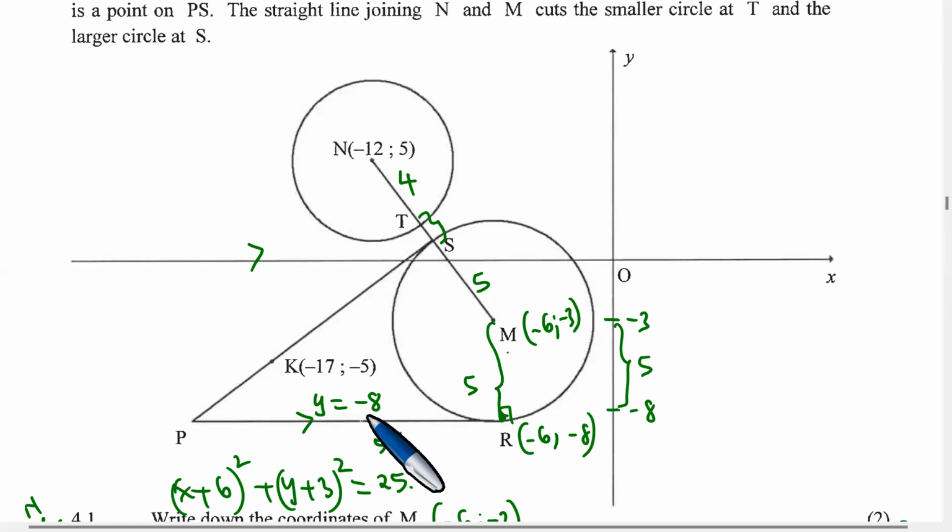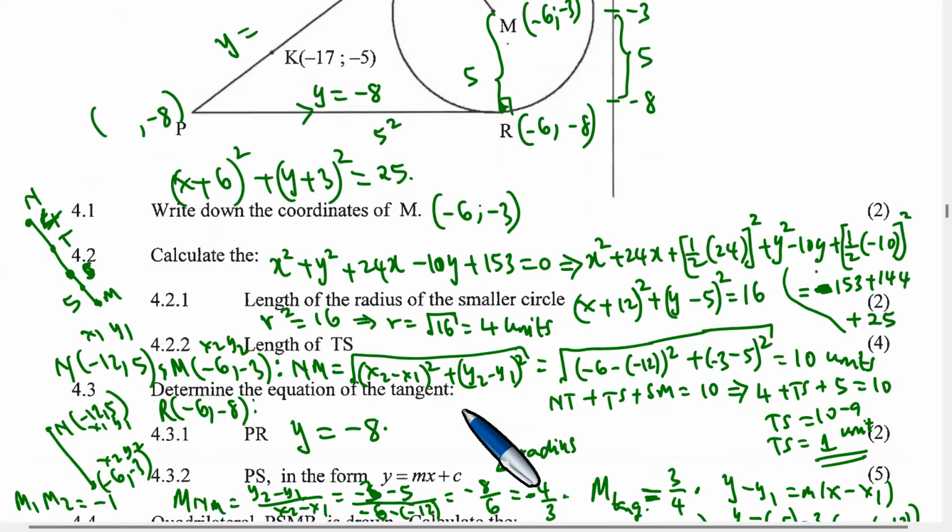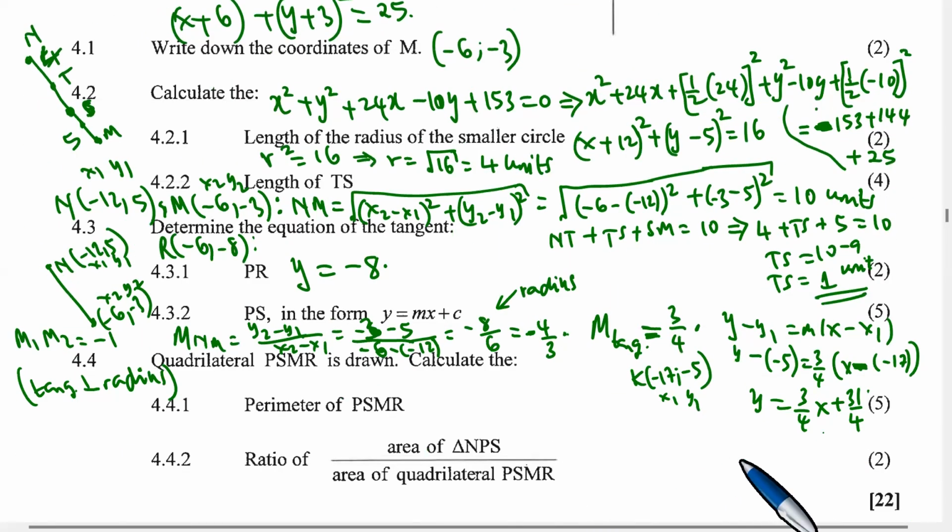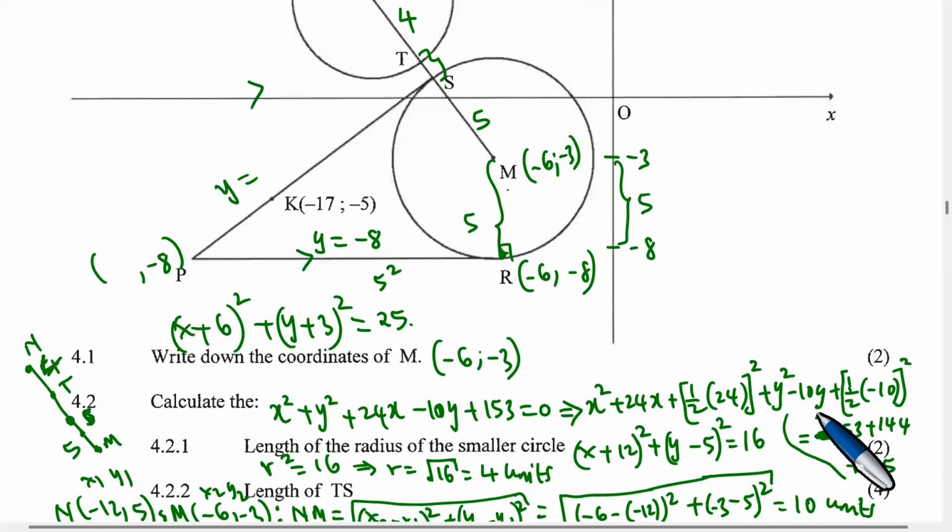The equation is -8, which means the coordinates of point P would have y equal to -8, and the equation of PS is y equals 3x over 4 plus 31 over 4.